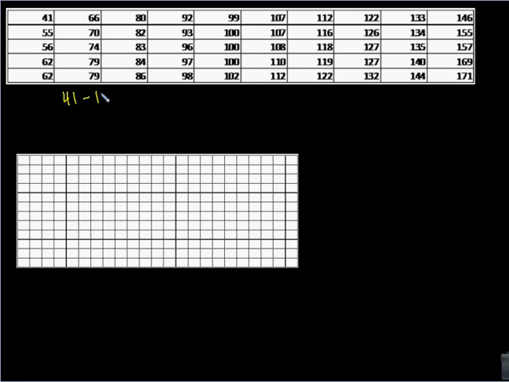If I go 41 to 171, my range is 130. I have 130 numbers between those two numbers. That's what range is. Range is how far it is from the smallest to the largest number. So to find our range, we take the largest and subtract the smallest, and you get your range. I need this many squares to take up 130 different numbers.